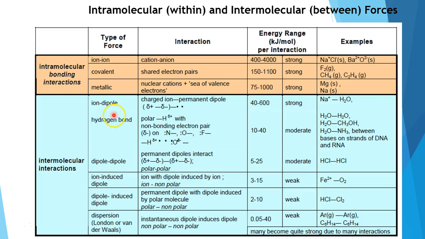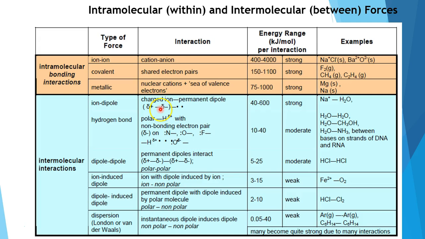Now, as we continue over here, these are interactions that occur between molecules, intermolecular forces. So we can have an interaction between an ion and a dipole. A dipole is a separation of charges. Remember, in a molecule, because of the difference of electronegativity in the atoms, there's not going to be an even share of electrons.